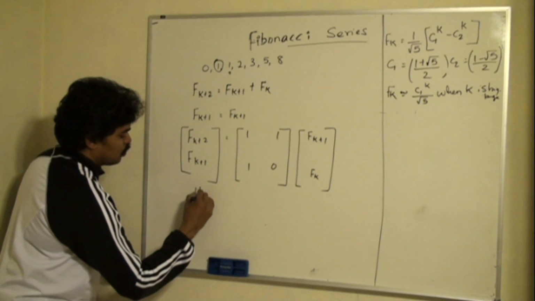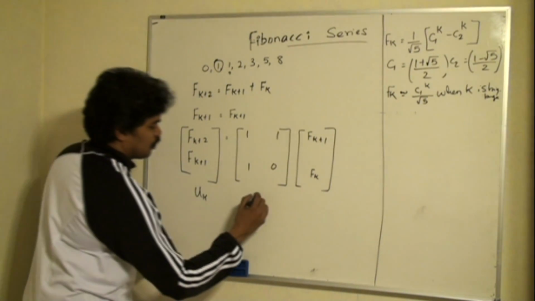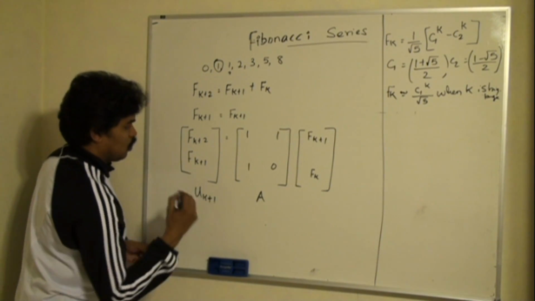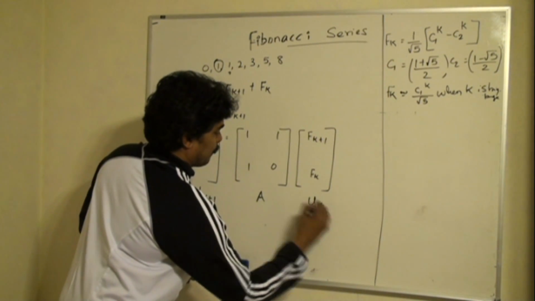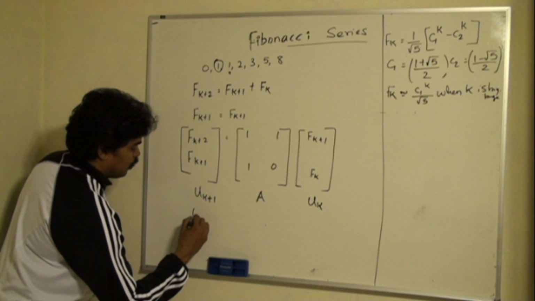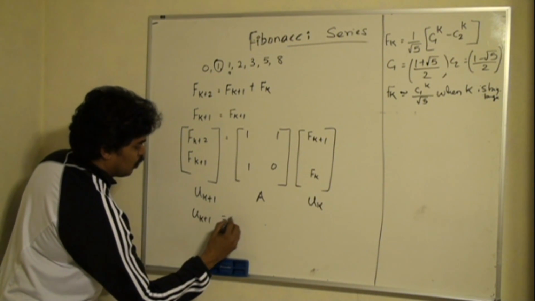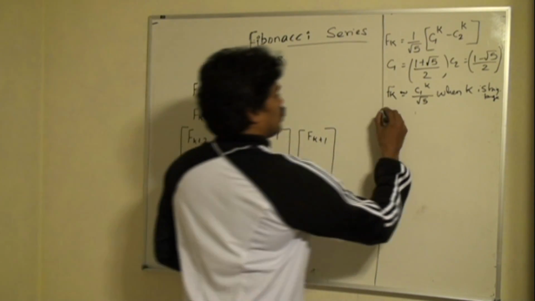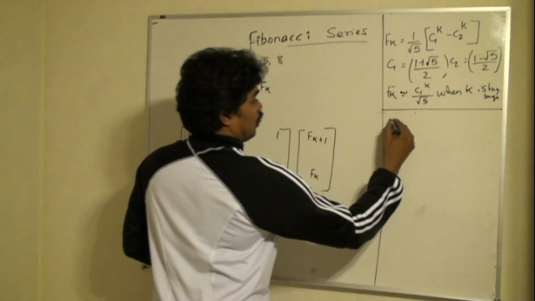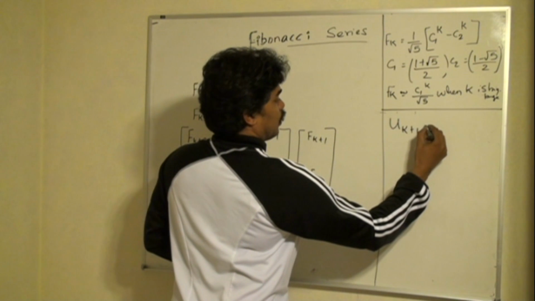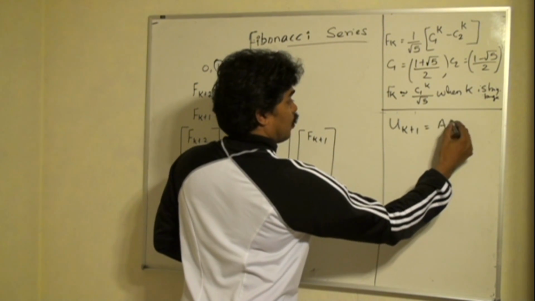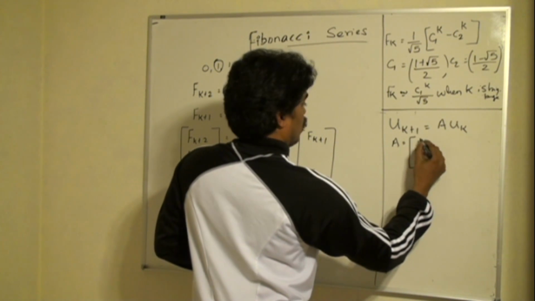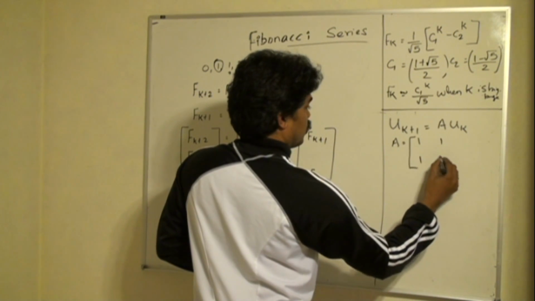Let's call this uk, and this is matrix A, so uk plus 1 is equal to A uk. Maybe I'll write this down just to recall: uk plus 1 is equal to A uk, and again the matrix is 1, 1, 1, 0.